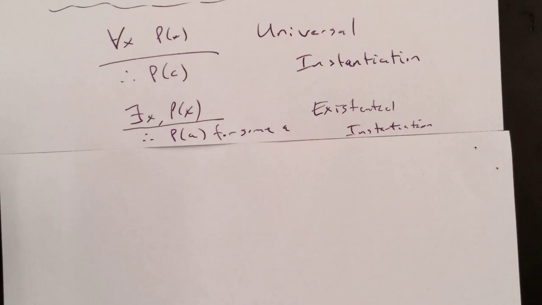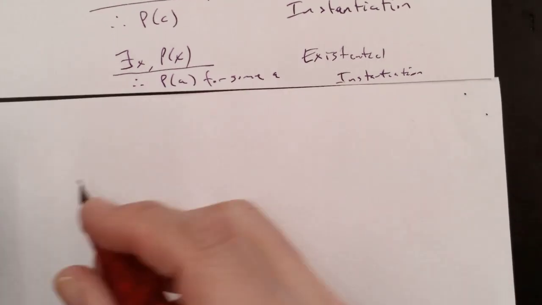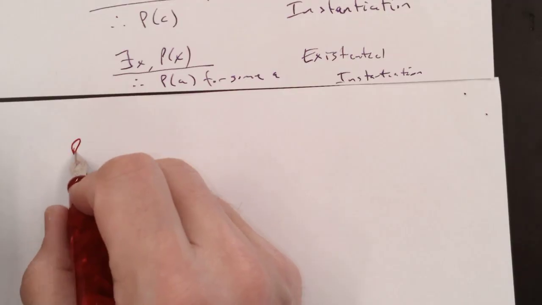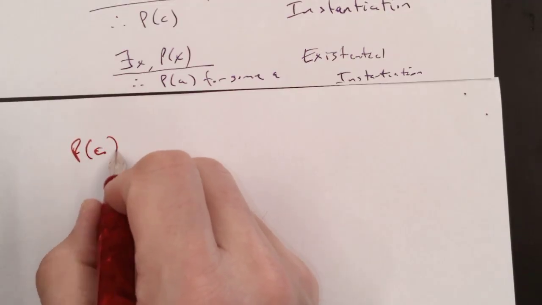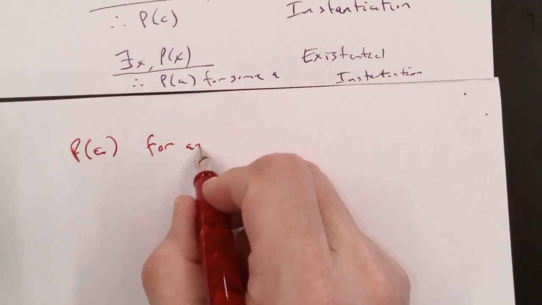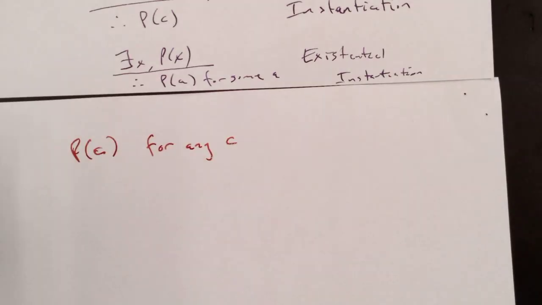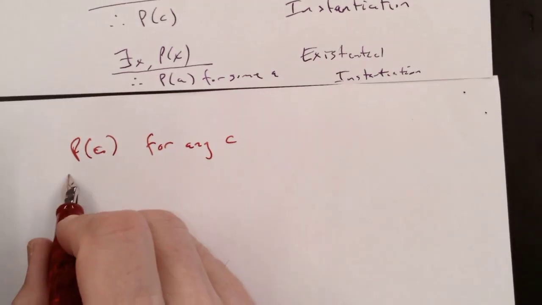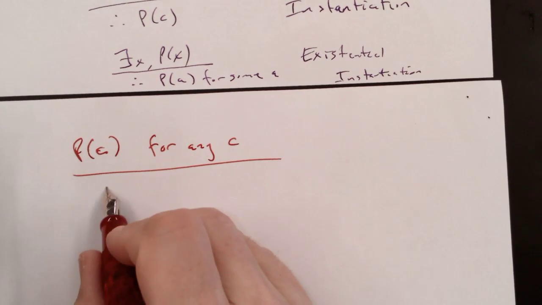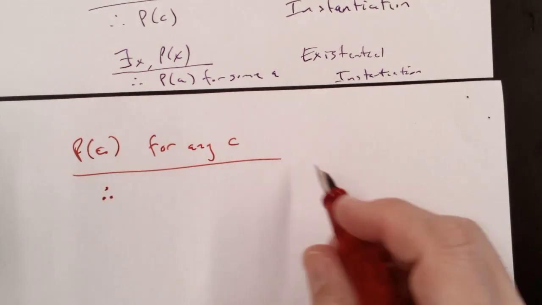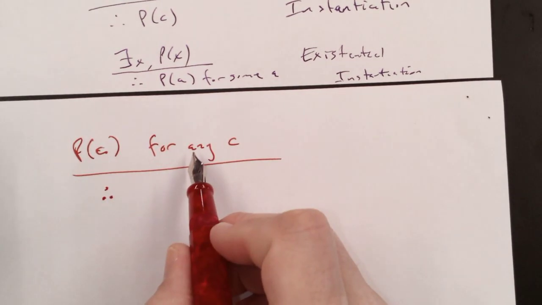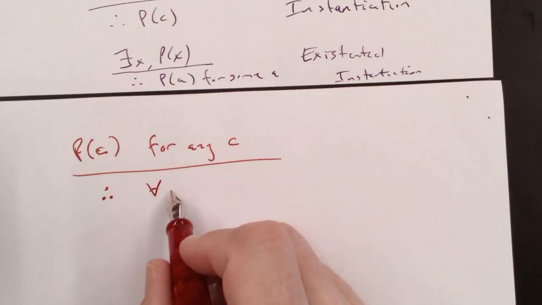We can also look at generalizations. If I know some property is true, then what's the conclusion there? I even wrote it right there, didn't I? That should be a universal statement.